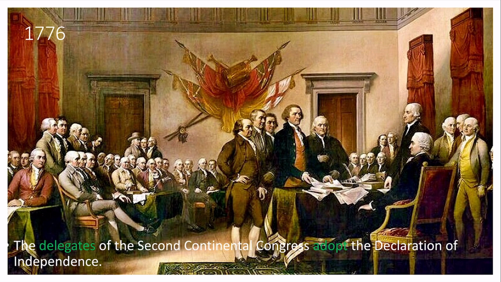Describe to me what you can see in this painting. What are we looking at? Yeah, so we can see here to the left that there is a large group of men who are seated in chairs.